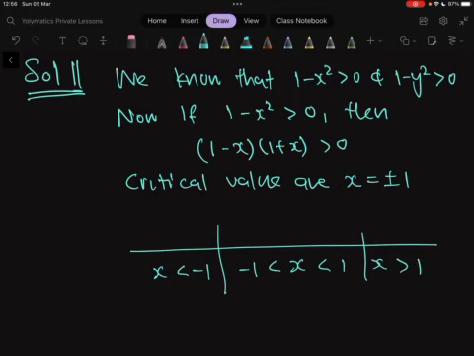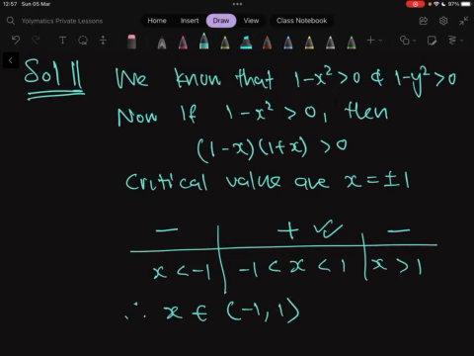If we take anything greater than 1, the first bracket is negative while the other one is positive, which gives a negative. So this inequality is true in the region where we have a positive sign. Therefore, x must be an element from negative 1 to 1.